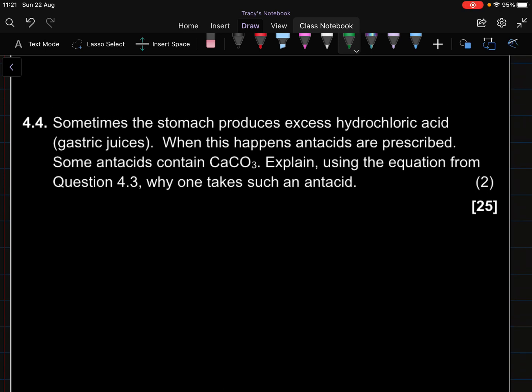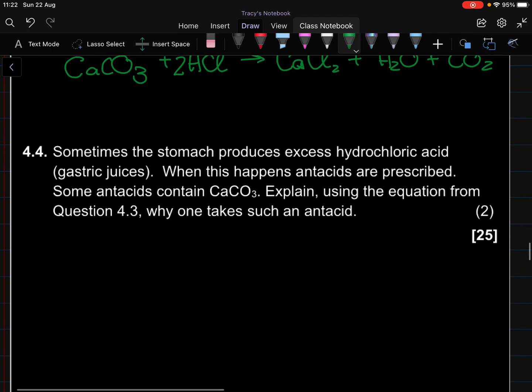Sometimes the stomach produces excess hydrochloric acid. When this happens, antacids are prescribed. Some antacids contain CaCO3, calcium carbonate. Explain using the equation from 4.3 why one takes an antacid.